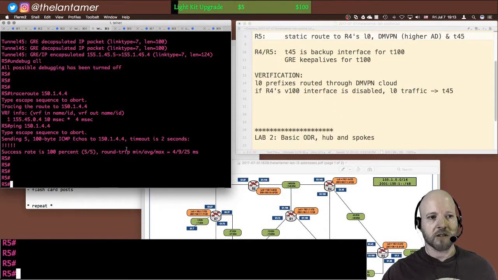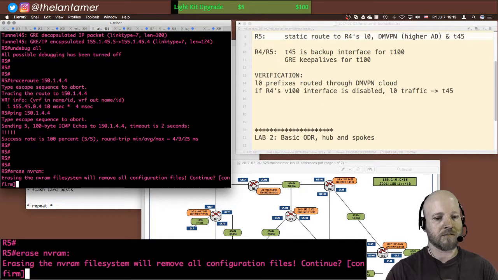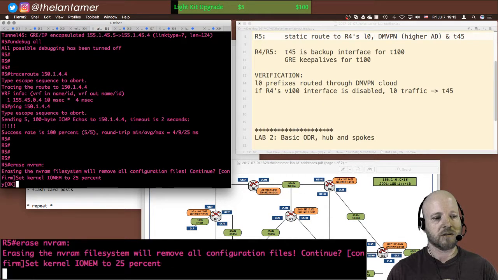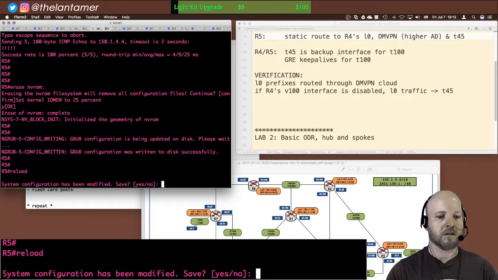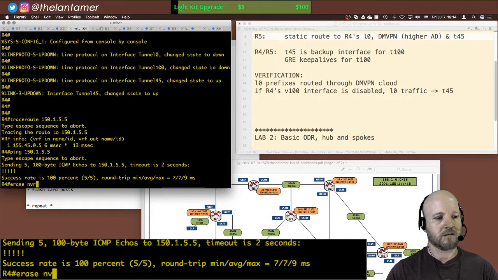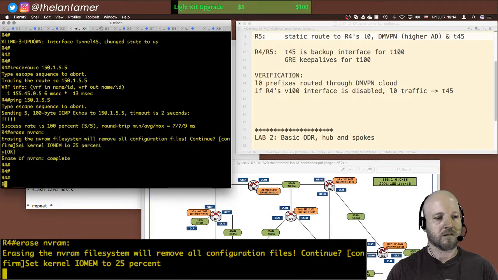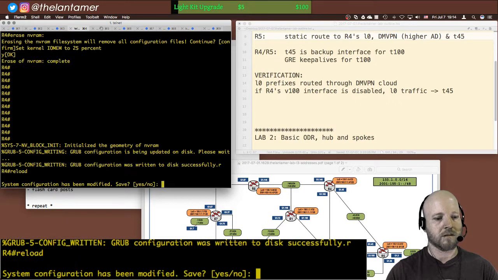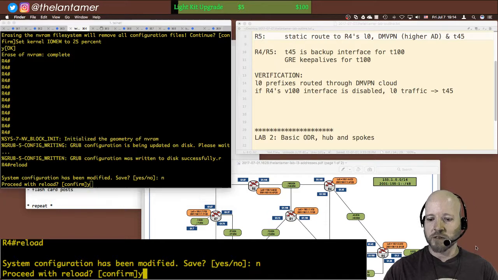So let's just clear our configurations here on router 4 and 5 and get ready for the next lab. Yes. No, yes. All right, those routers are reloading.